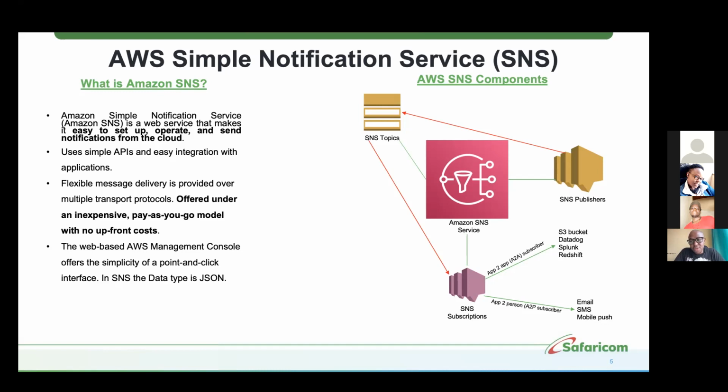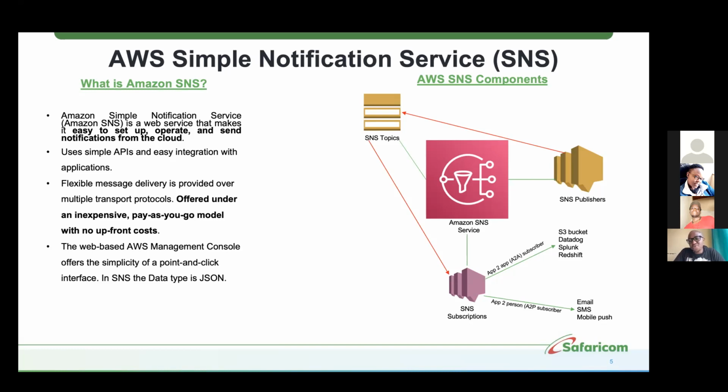That is the publisher, whoever is sending the notification to the topic, and then the topic pushes it to the subscriptions. The subscription then notifies or logs it into another application for actions to be taken. So basically, that is a simple way to explain what the Simple Notification Service is.